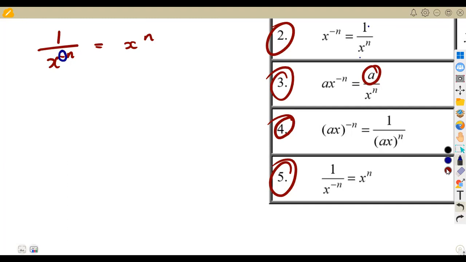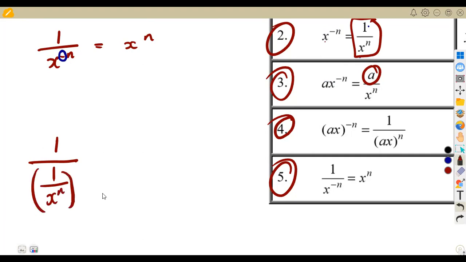So in actual sense, this is what was supposed to happen. Remember, we said to remove a negative on x to the exponent of negative n, we write it as 1 over. So we are supposed to have it as 1 over again, x to the exponent of n, like this.